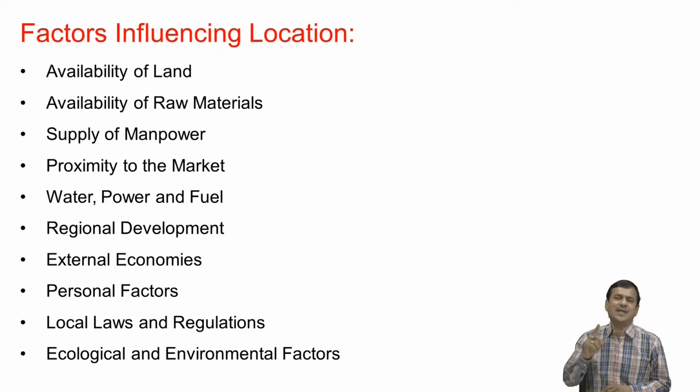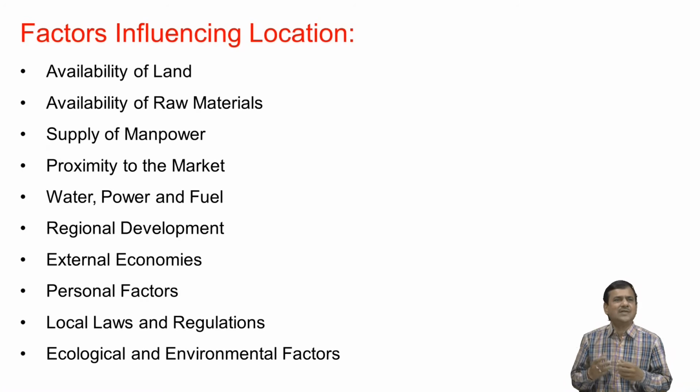Then I have to think about availability of raw materials. The place that I select, is it an appropriate place from the availability of raw material point of view also?